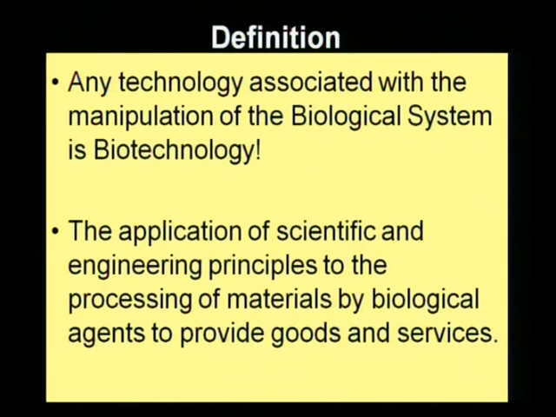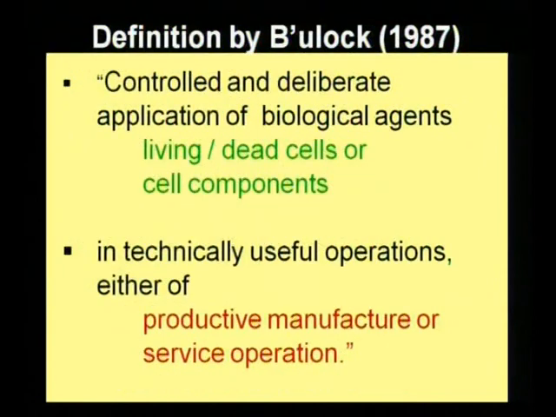One of them is the definition given by Bullock. Bullock said that controlled and deliberate application of biological agents, living or dead cells or cell components, is biotechnology in technically useful operations, either of productive manufacture or service operation.